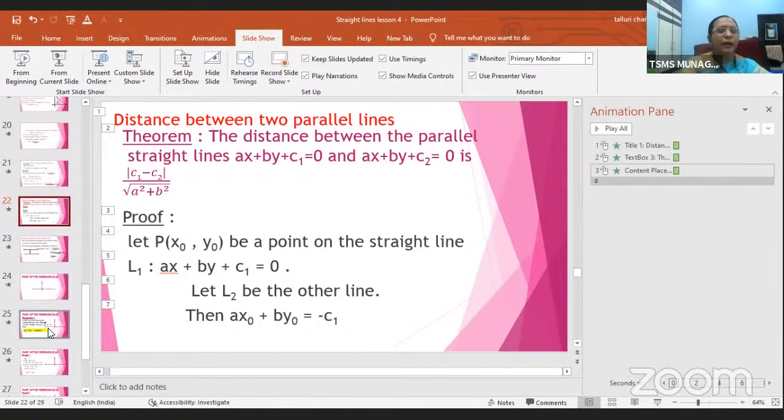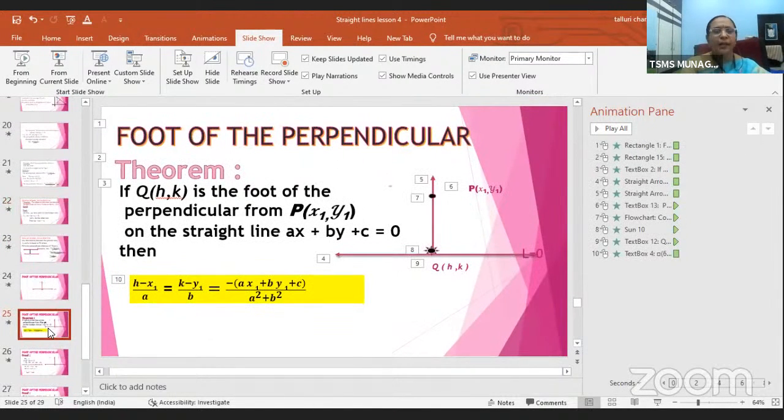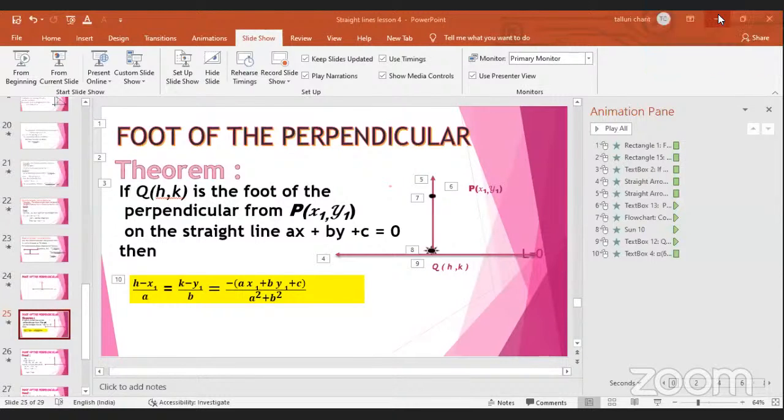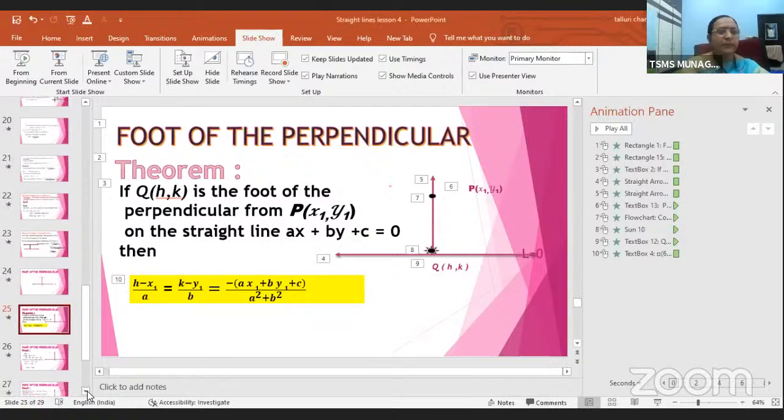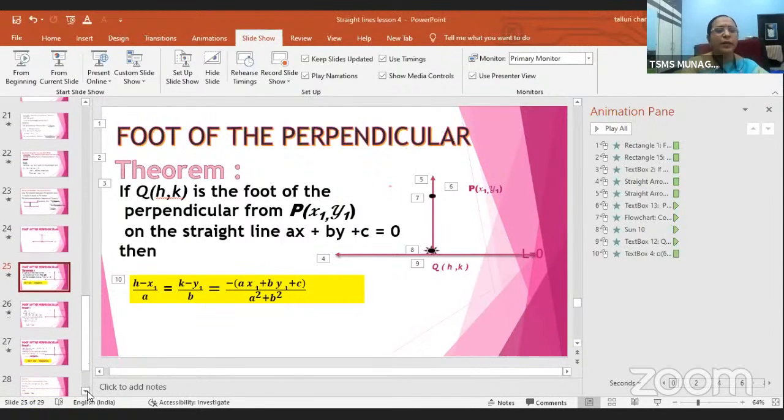Then the most important part of today's class is the foot of the perpendicular, which is h minus x1 by A is equal to k minus y1 by B is equal to minus ax1 plus by1 plus c by a square plus b square. So these are the important formulae that we have seen for today. And we also have seen examples based on these concepts.